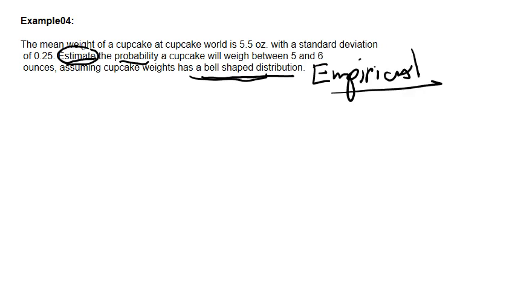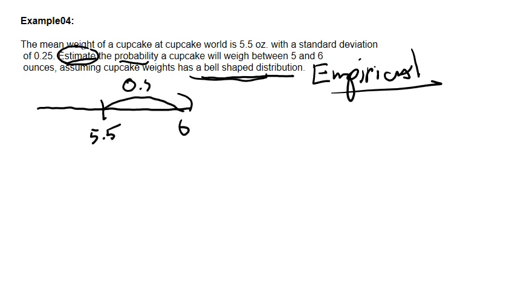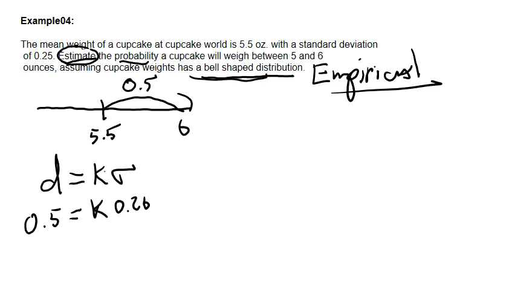All right, meaning my first step here is going to be coming up with an interval centered at the mean. The end point of the interval is 6, so my distance from here to the end is 0.5. My distance is k times sigma. So 0.5 is k times sigma, which is 0.25 right here. When I solve, k is equal to 2.